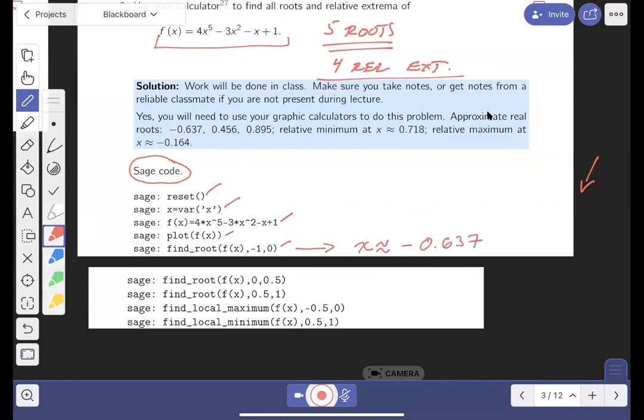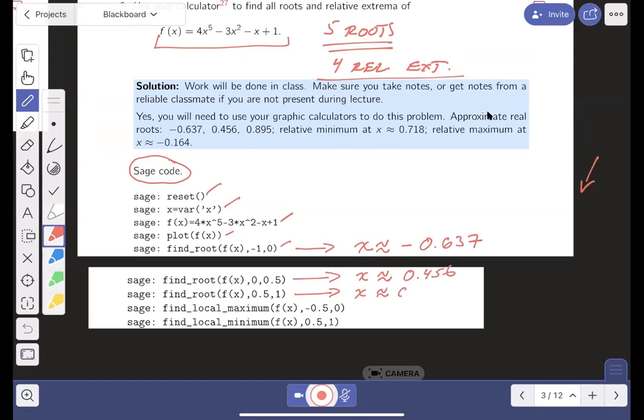Right, approximately. And by the way, if you're looking at your picture, you would know another root is between 0 and 0.5. And if you did this command over here, it would return x is approximately 0.456. If you did this one, again, you have to look at your picture, and you're looking at the numbers between 0.5 and 1, it also has another root between those two numbers.